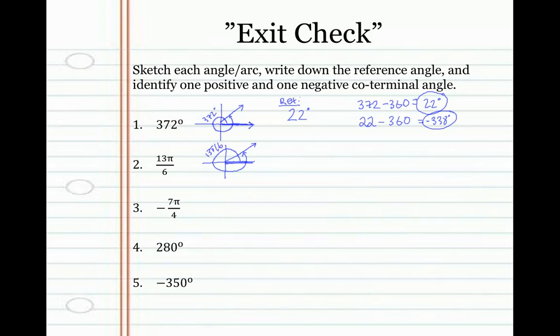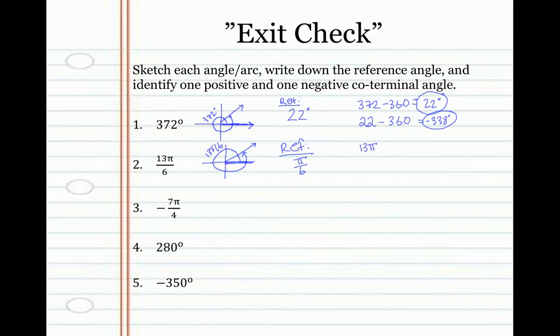Well, how much beyond a full circle did I go? How much beyond 2 pi did I go? Pi over 6. Right? You think about how much past 2 pi. Well, 12 pi over 6 is 2 pi, so I'm going just pi over 6 more. For this one, I'm not going to add and subtract 360. What am I going to do? I'm going to add and subtract 2 pi.